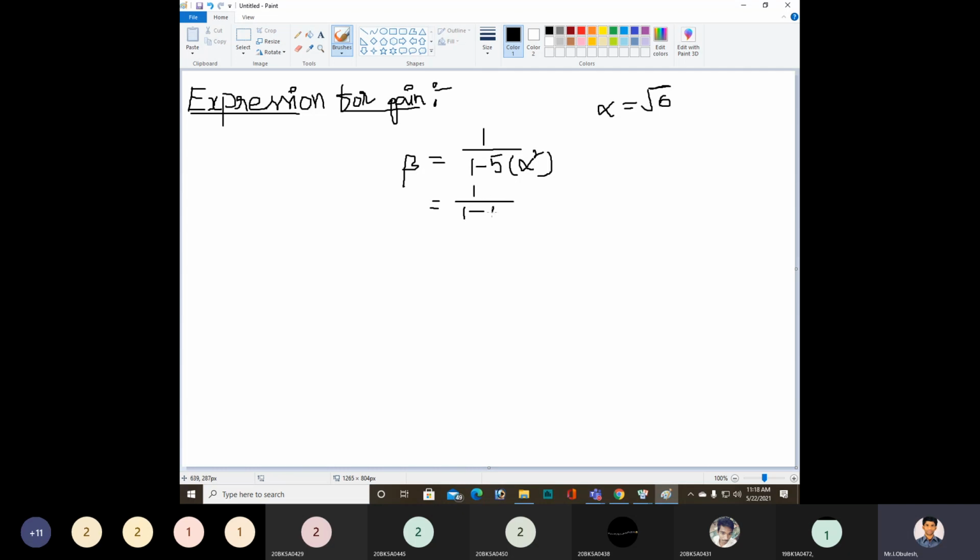1 minus 5 into 6. Alpha square is nothing but 6. That equals 1 by 1 minus 30, then that equals 1 by minus 29.